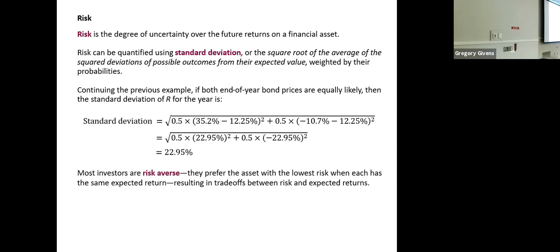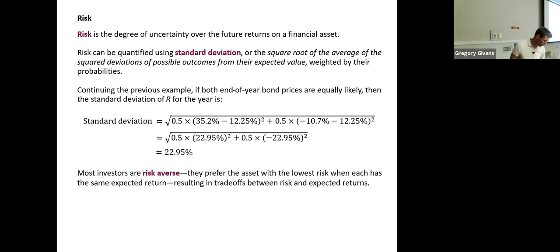So Jameson, if you've got two investment options that have the exact same expected return, let's say 5%, but investment A has a standard deviation of 10% and investment B has a standard deviation of 20%, that means you're going to strictly prefer investment A because it has the same expected returns, but a much lower risk profile, okay?